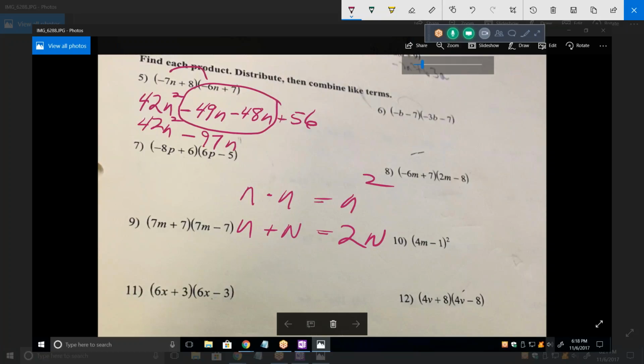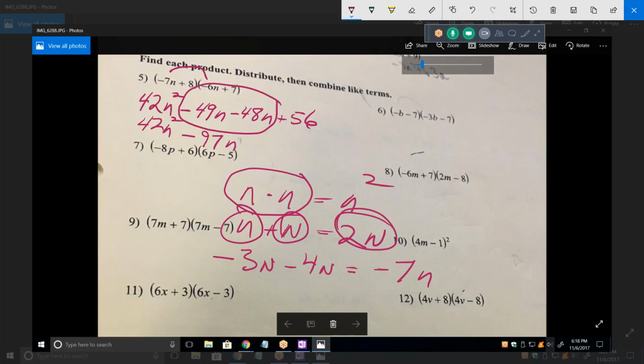So if I have minus 3n minus 4n, that's minus 7n. It's only when you are multiplying that you change the exponent, that it becomes an n squared. When you're adding, one apple plus another apple is two apples.